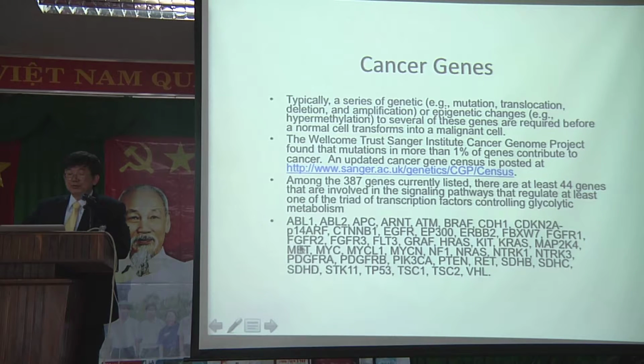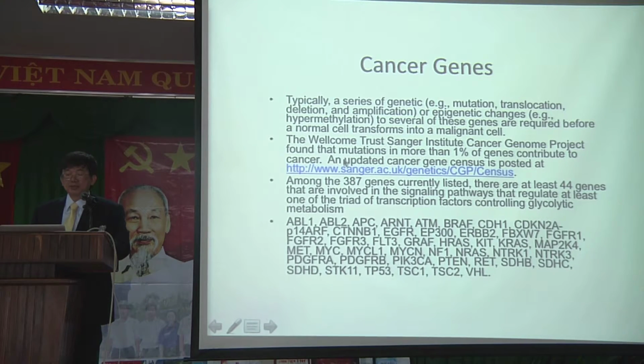And this usually happens to a key set of genes that initiate the process. These are required for normal cells to be transformed into malignant cells.